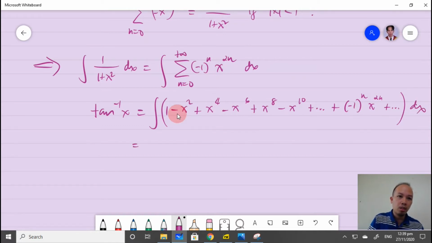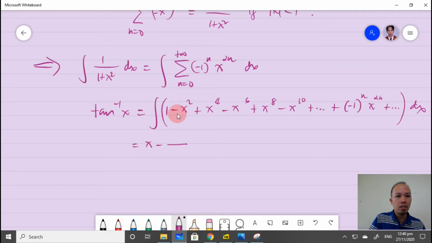So the integral of 1 is x, minus... no, I guess I'm doing differentiation. I guess I am wrong. Sorry, this one is plus 1.